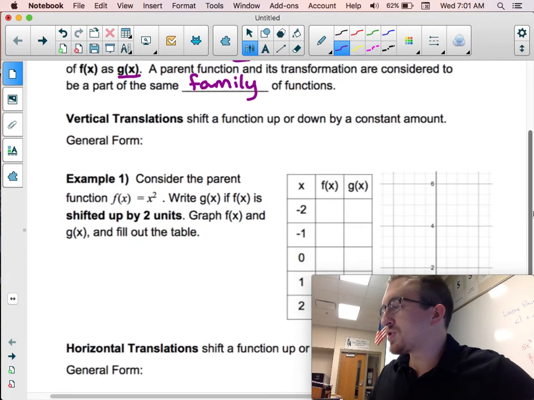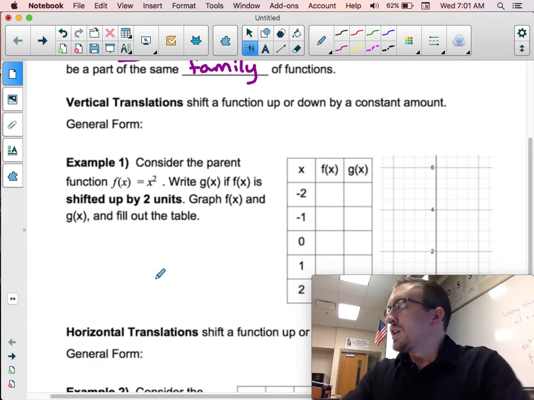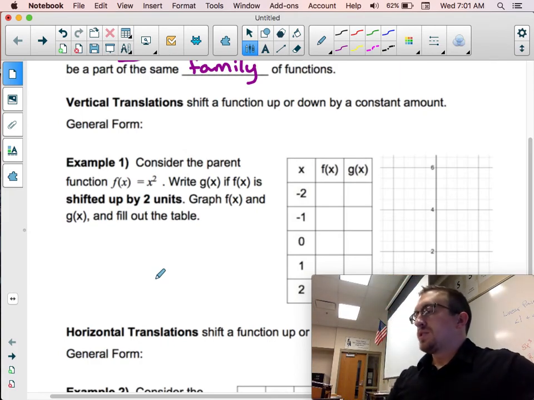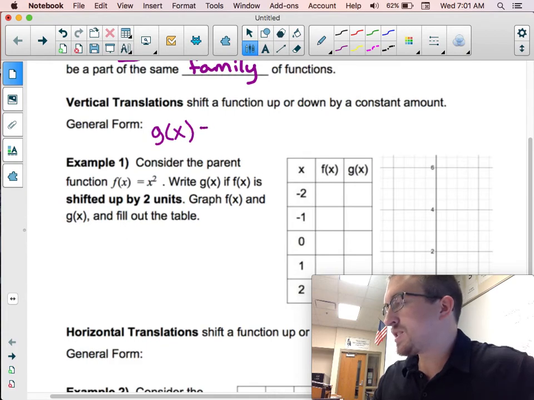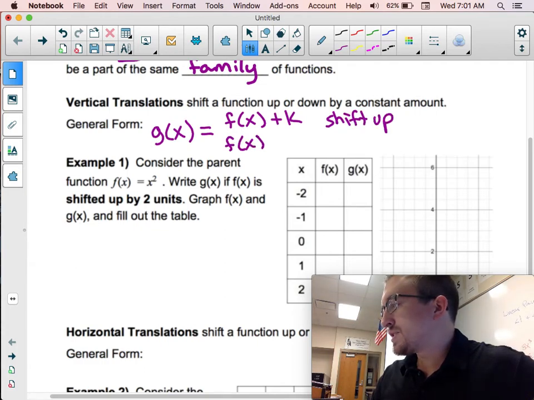Here's our first type of transformation. How about a vertical translation? These shift a function up or down by a constant amount. Now, we'll write that the transformation g of x for the general form of vertical translations is equal to, I'm going to write two things, f of x plus k for a shift up, or f of x minus k for a shift down.